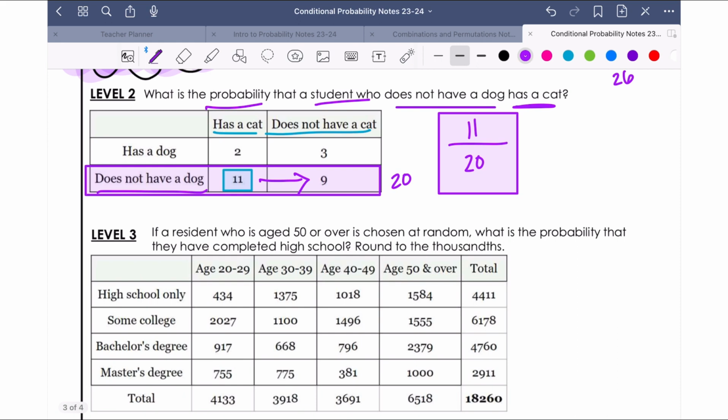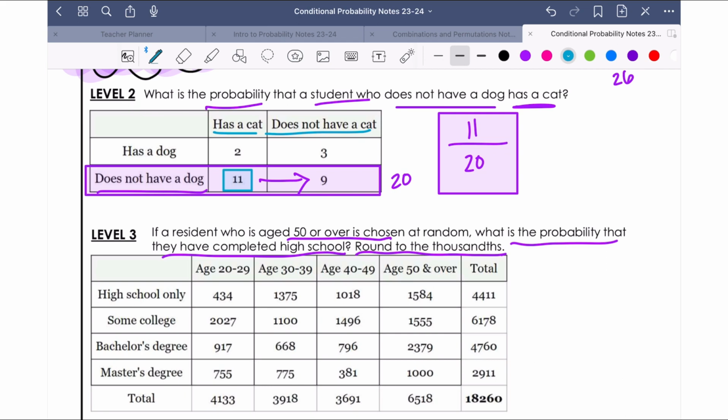Okay. Level 3. If a resident who is aged 50 or over is chosen at random, what is the probability that they've completed high school? Round to the thousandths. Okay, we're going to have to round on this one. All right, let's go back to the beginning. If a resident who's aged 50 or over is chosen. Okay, so I'm choosing out of the people that are 50 or over.